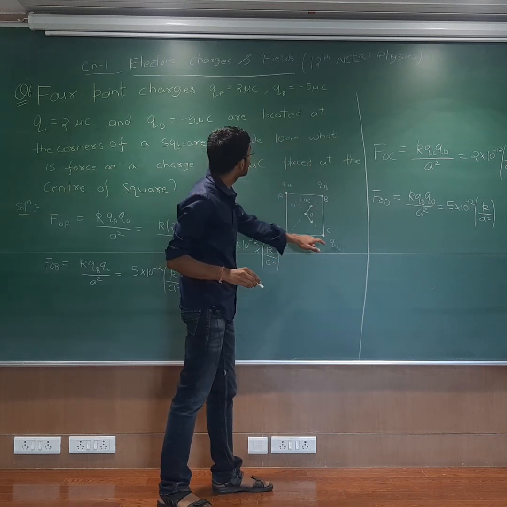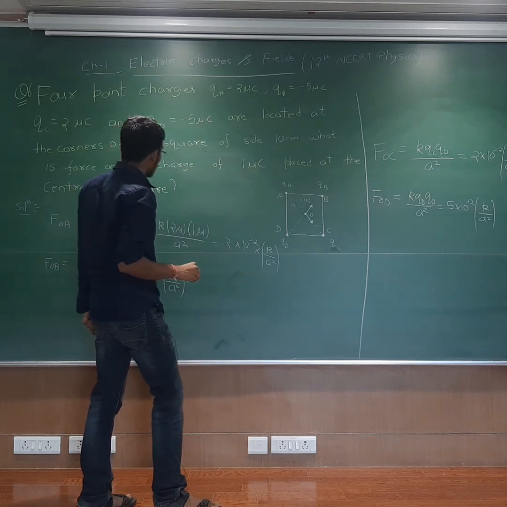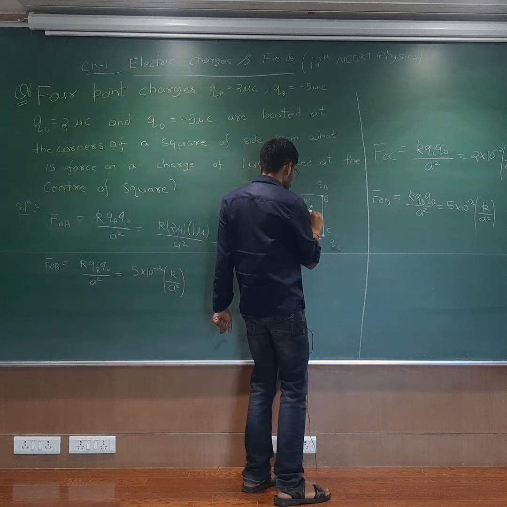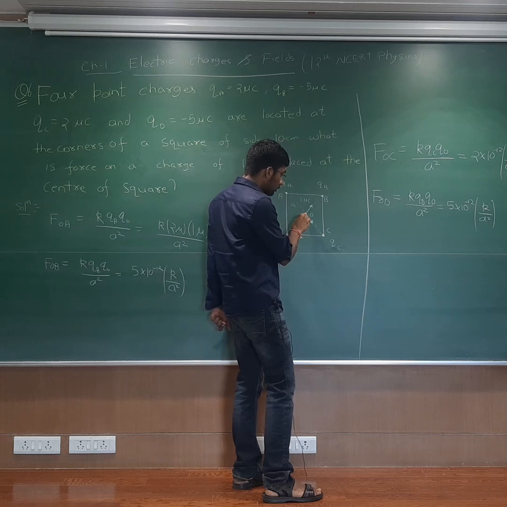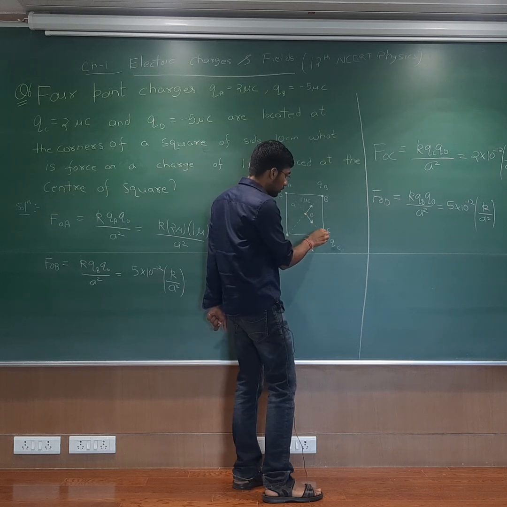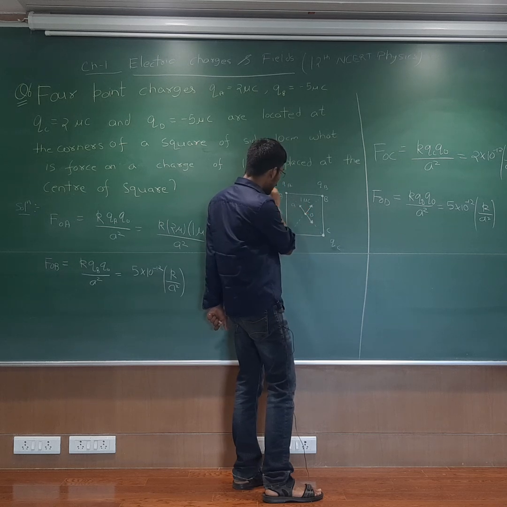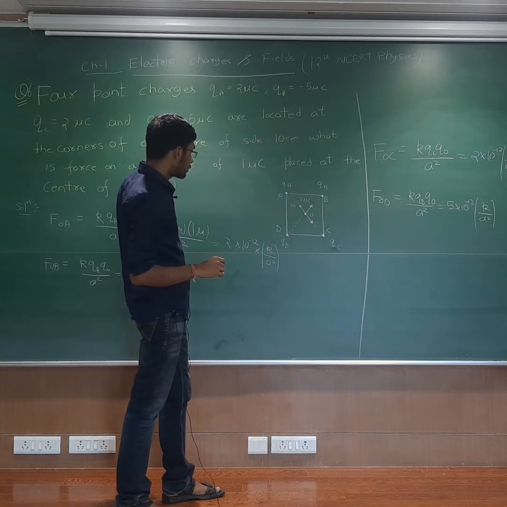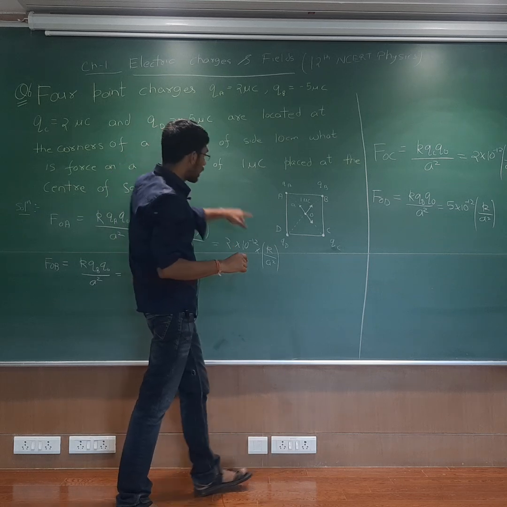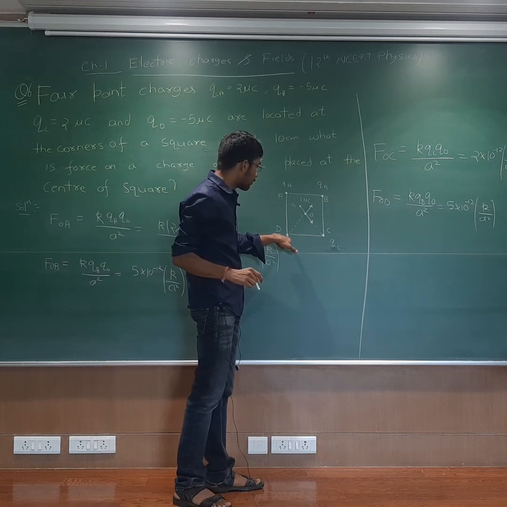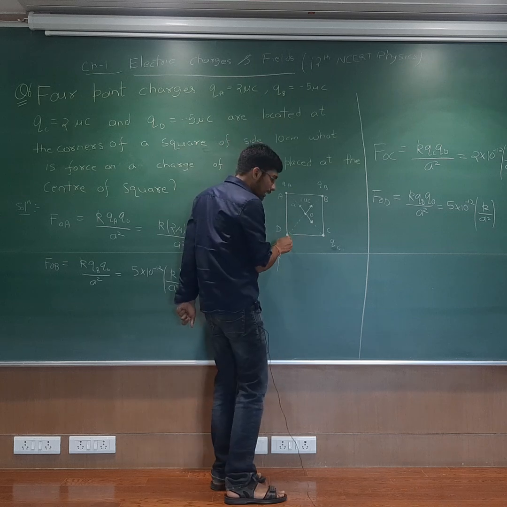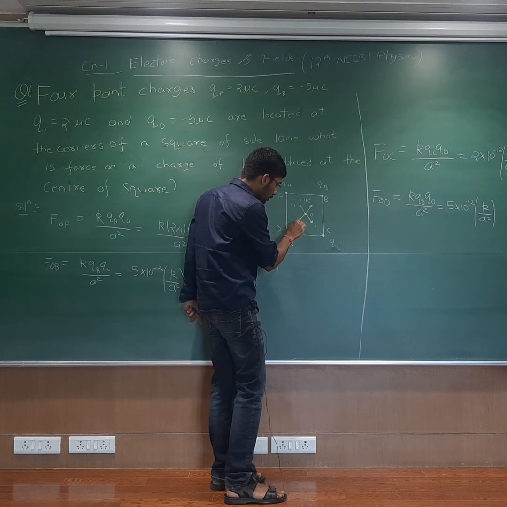Now C is a positive charge, so it will repel, so the direction of force on this charge due to this will be away, along the OA direction. And the force due to this charge, minus 5 microcoulomb, is a negative charge, so it will attract.